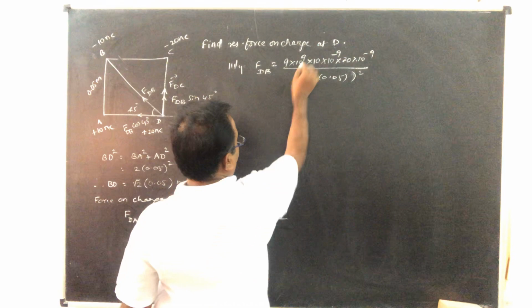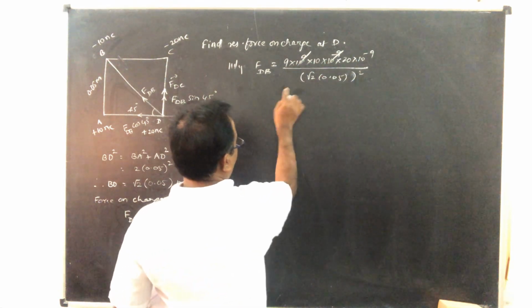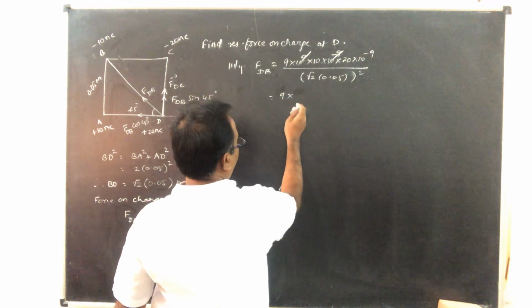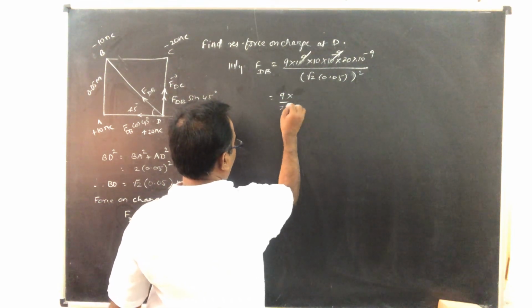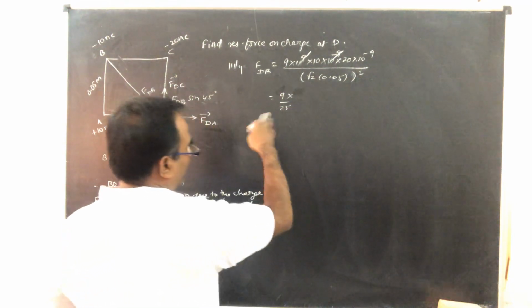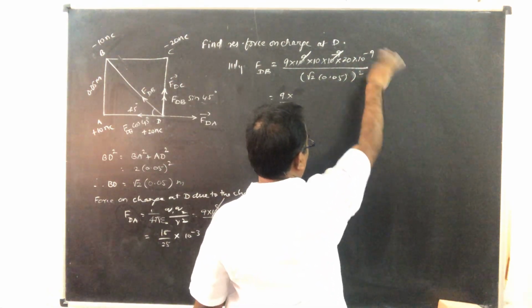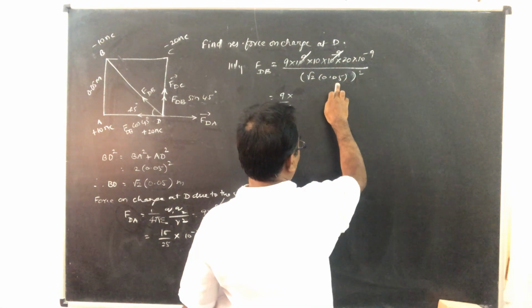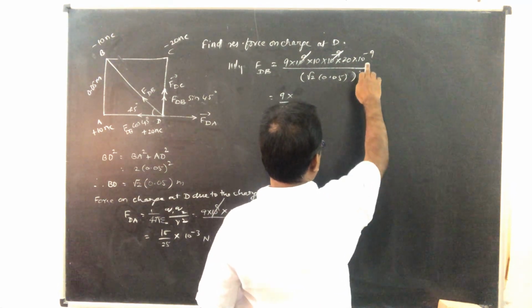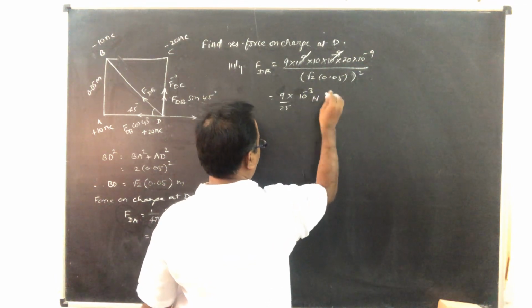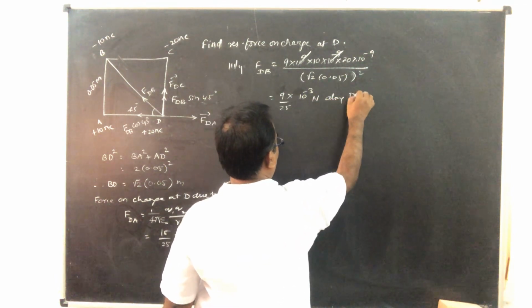When it is squared in the denominator, you will be left with 2, and the 2 cancels. So it is 9 divided by 25. Again the same calculation: this is 10 to the power of minus 7, and when 10 to the power of minus 4 comes to the numerator, it becomes plus 4. So minus 7 plus 4 becomes 10 to the power of minus 3 Newton along DB.